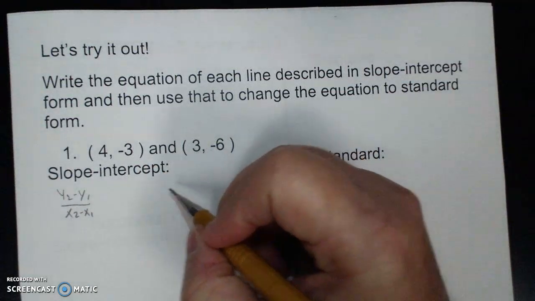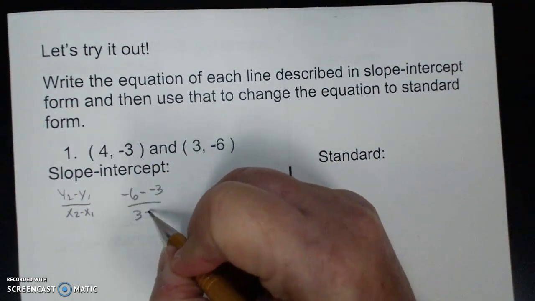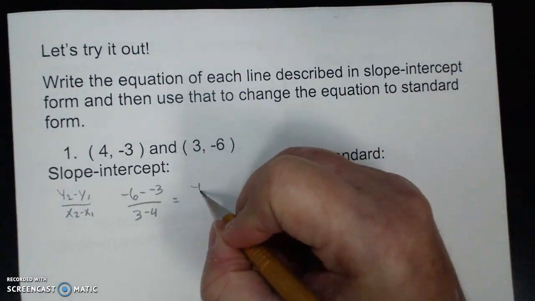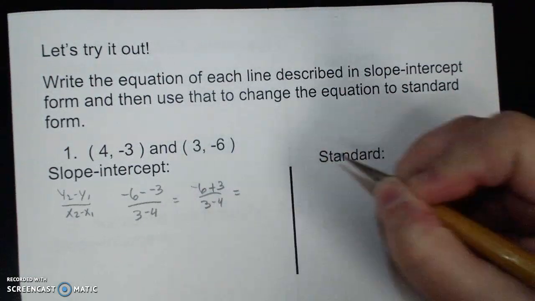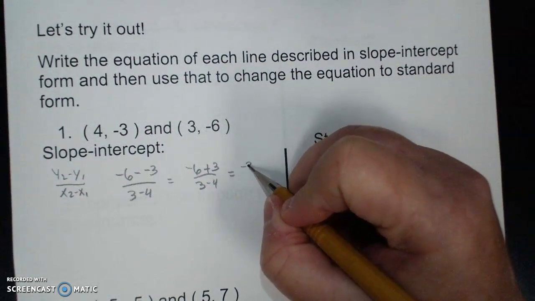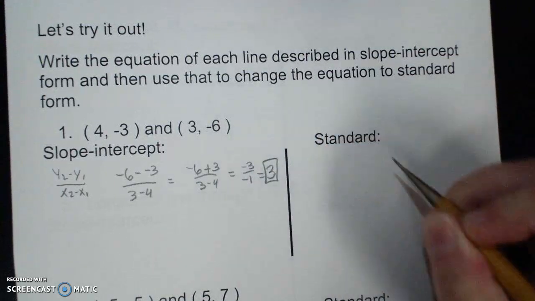I'm going to do -6 minus a -3 over 3 minus 4. That becomes -6 plus 3 over 3 minus 4, and that becomes -3 over -1, and my slope is 3.